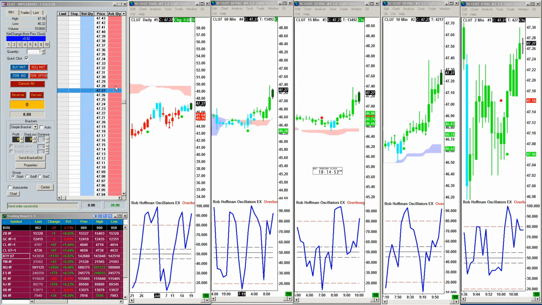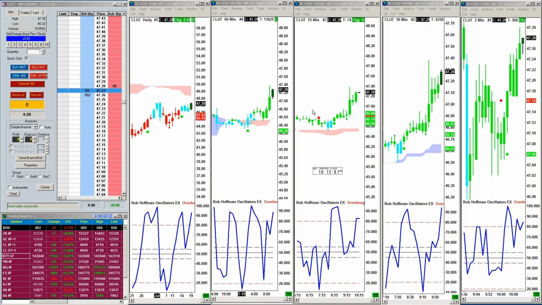What did I tell you was the average small lot retail trader stop loss in the crude oil? Okay, good. I'm glad to see some people that are students and other people that are not students. 12 to 20 ticks, right?